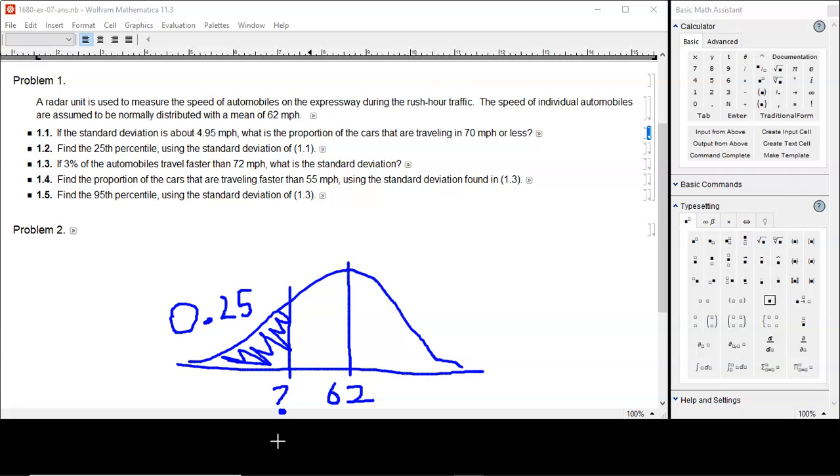The strategy is to look for the z-score associated with 25% from the z table, and then use z equals x minus mu over sigma, where mu is 62, sigma is 4.95, and x is the value you're looking for. Or, if you prefer, end minus center over SD. Either way, it'll work out. So that's the strategy.